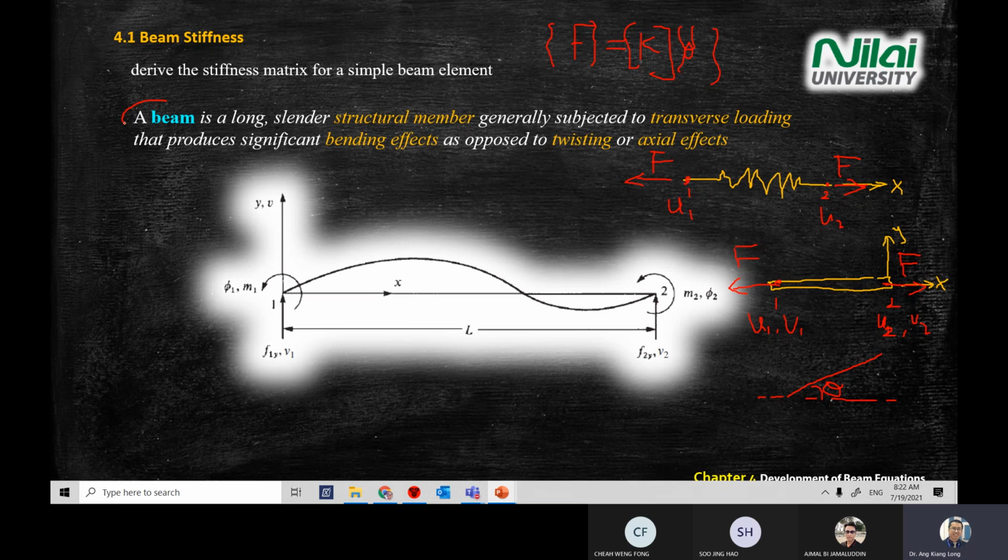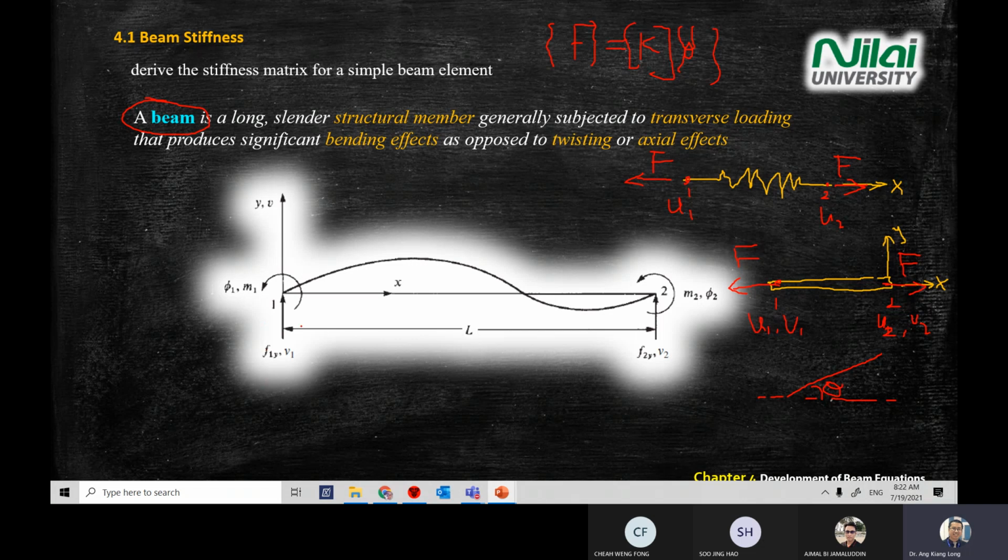When you study beam, compare the two diagrams that I drew on the right-hand side. A beam is a structural member that produces significant bending effect as opposed to twisting effect. From the diagram, we have Y and X axes.